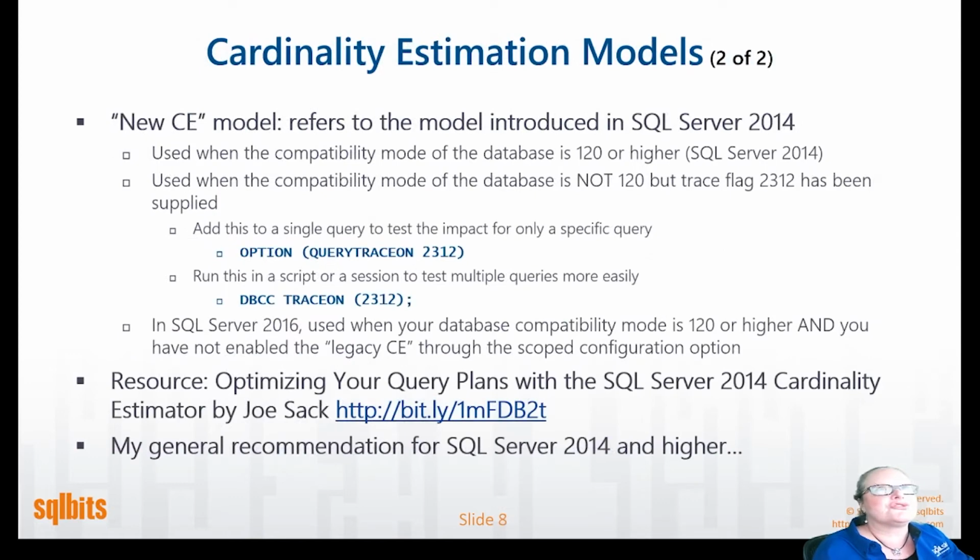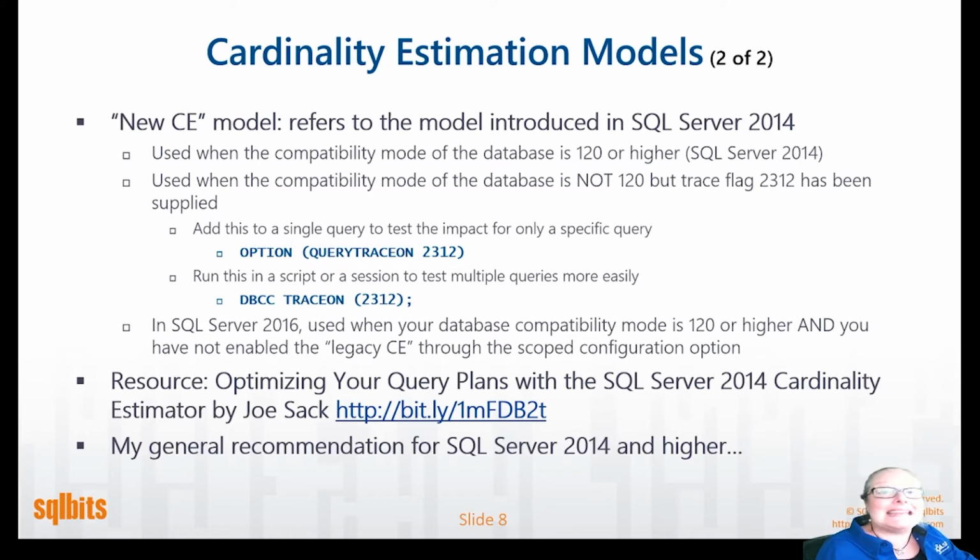So that's what I wanted to stress here, and it's kind of in the middle of the slide: in 2016, you can set your database compatibility model to 120, 130, 150, right? We can set it to the higher version, the version of SQL Server, but we can still set our legacy CE using the scoped configuration.